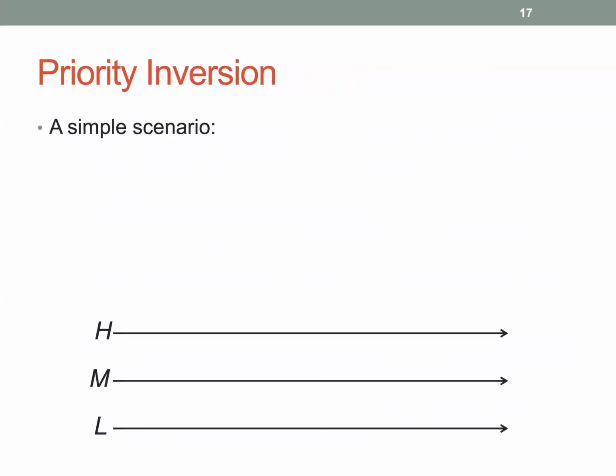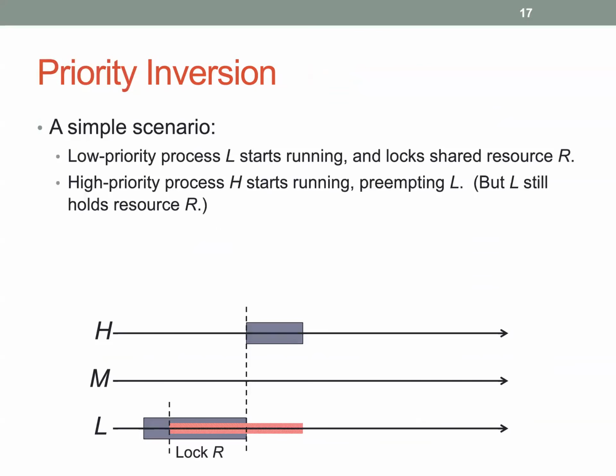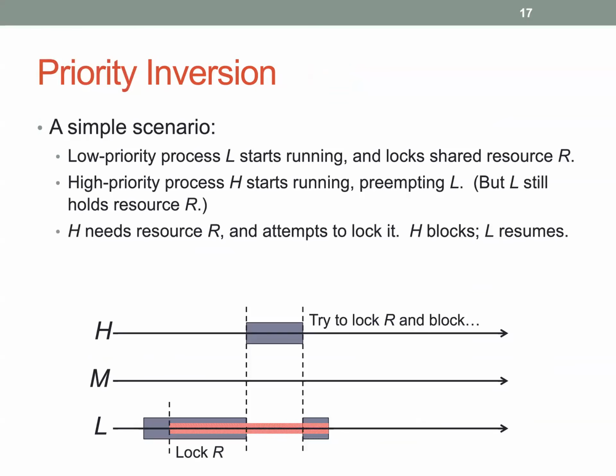The very most common scenario that's used to describe this is if you have a low priority process that's holding a lock on some resource, and then you have a high priority process that wants that resource, but the low priority process is holding it. Okay, so now the high priority process is blocked, and we resume running the low priority process. And if that was the only part of the picture, you're fine. The low priority process finishes, and then the high priority process gets to run.